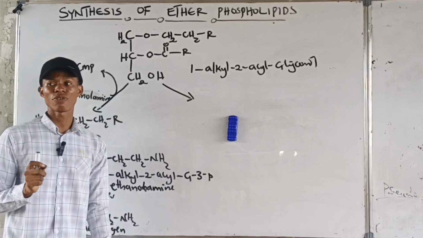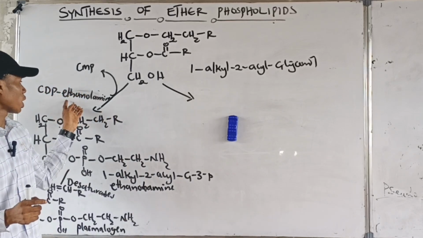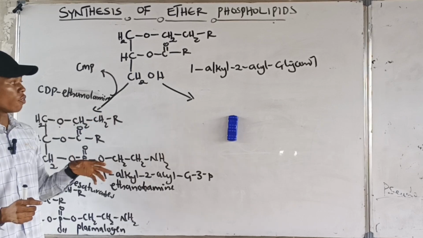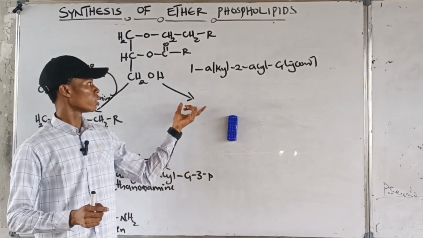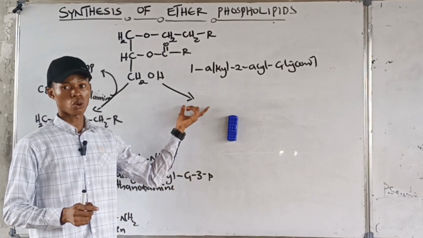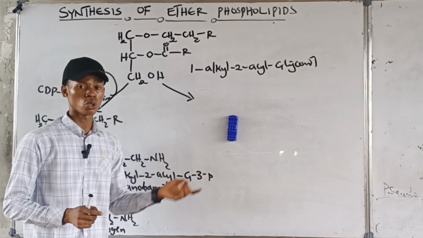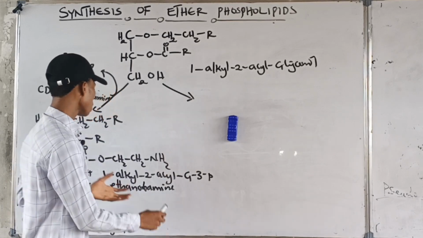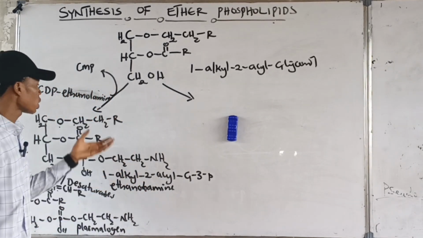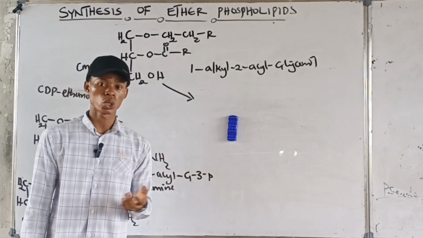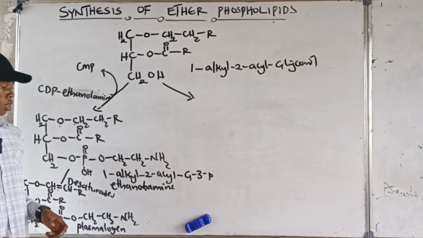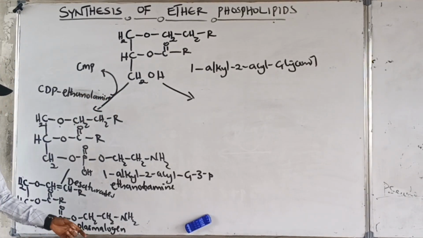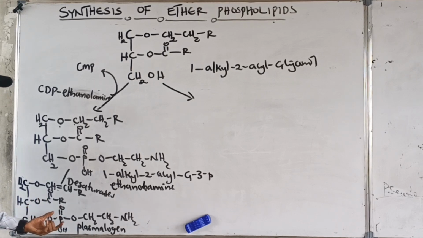Remember I said if you are synthesizing plasmalogen, what is coming in as head group is ethanolamine. If you are synthesizing platelet activating factor, what is coming in as head group? Choline. So basically the steps remain the same, but instead of ethanolamine, what is coming in is choline. Alright, now if you don't want to call this plasmalogen, this is phosphatidylethanolamine.